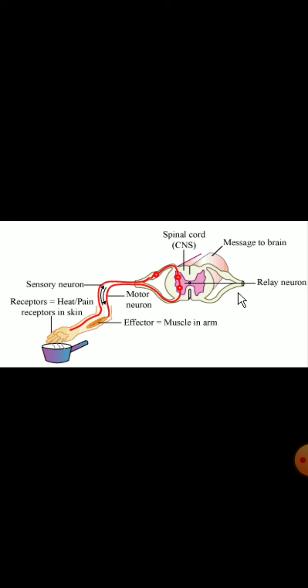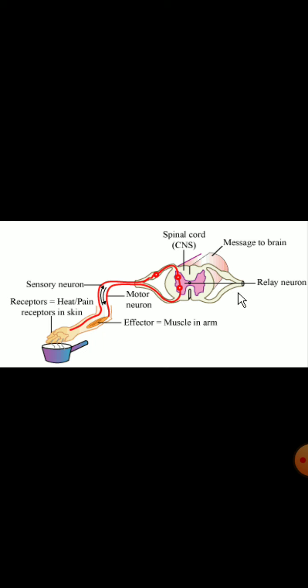So here is the answer. Where do these nerves meet each other? In the spinal cord. In the spinal cord, there is a bundle of nerves, and there is the way to reach the brain. So before reaching the brain, they all meet in the spinal cord.